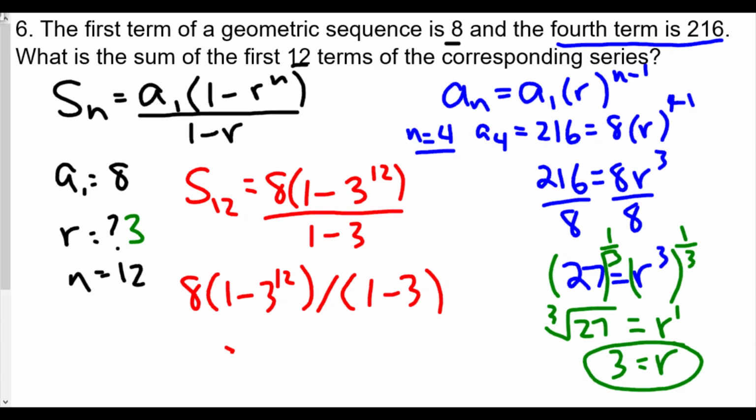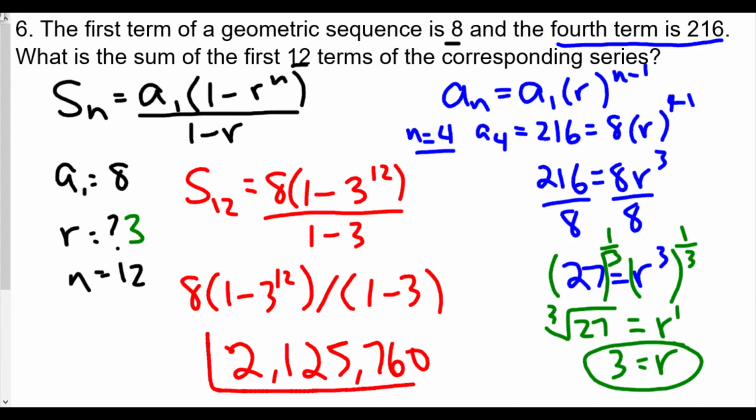So our sum, 2,125,760, will be the sum of the first 12 terms of this geometric sequence.